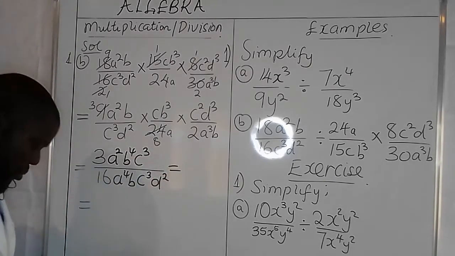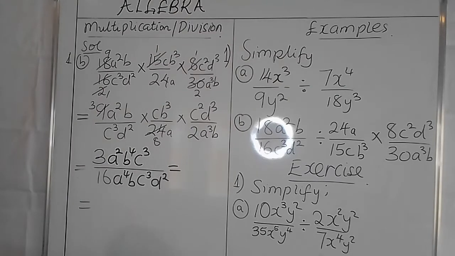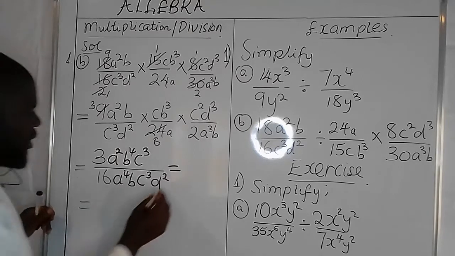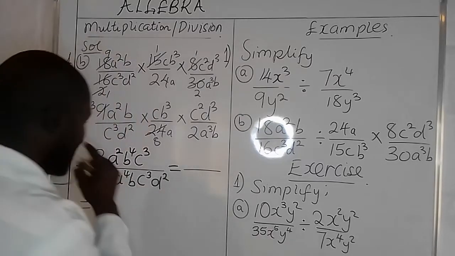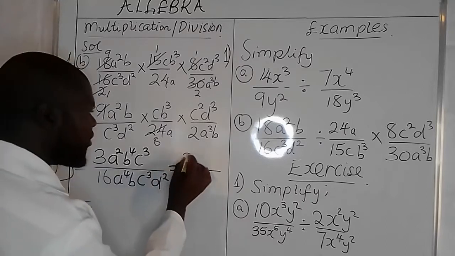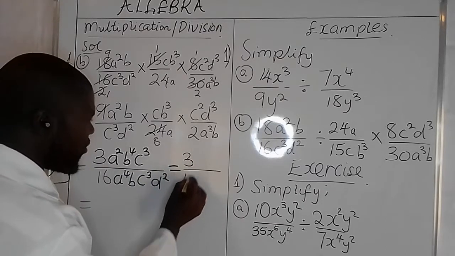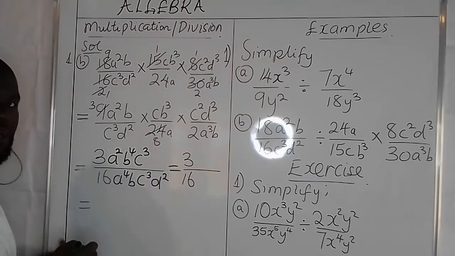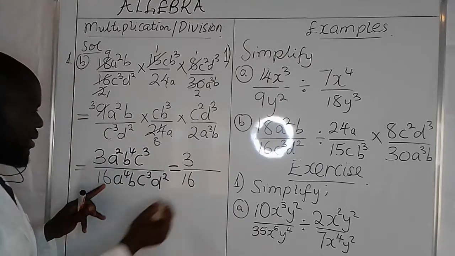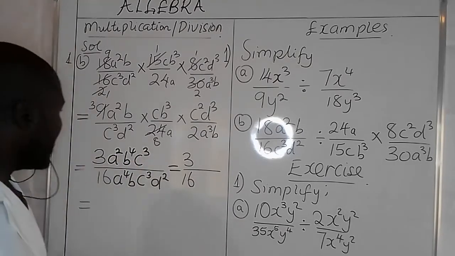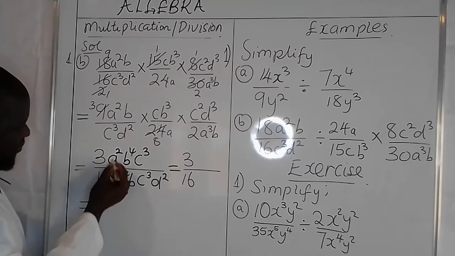Okay, so once we do this one, we need now to check what is common between the denominator and the numerator. Of course, the coefficients, they have no common factor, so we just copy them the way they are. We maintain our 16 and our 3. So now, check.